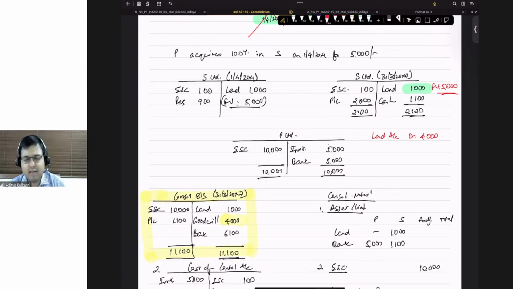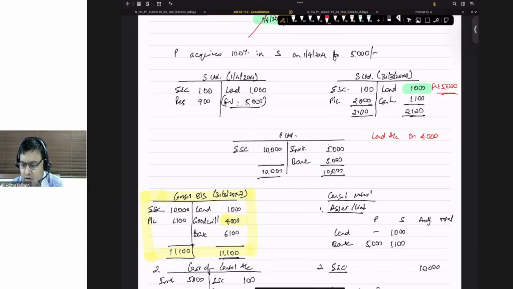Okay. Now this reserve that you will be crediting, again I have a problem. What reserve will it be? Well, it could be any reserve, reval reserve, P&L, whatever it is. But more important thing is, will it be pre-acquisition reserve or post-acquisition reserve? What do you think?